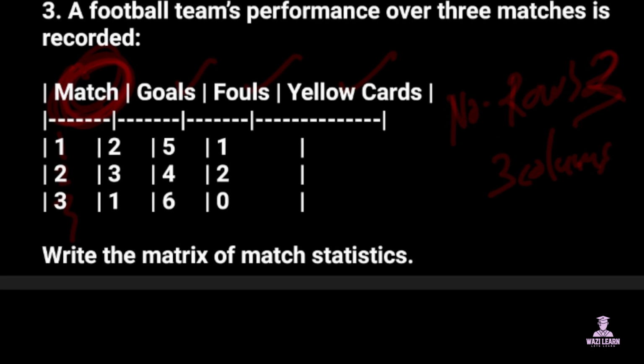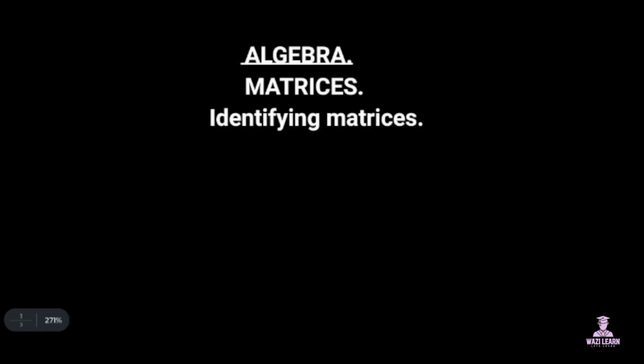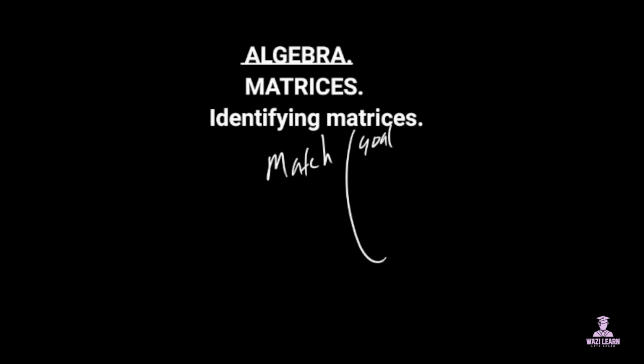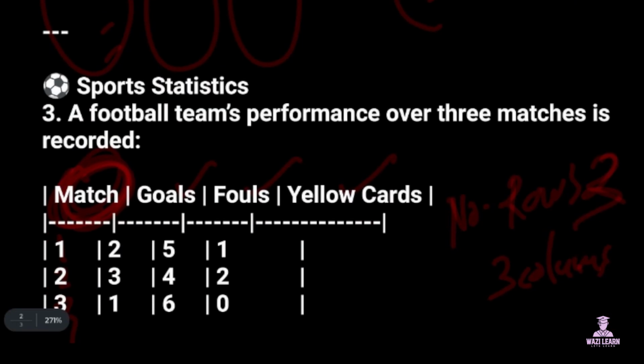So transferring this to the working area, we'll have match, and then goals, fouls, yellow cards. So match 1, match 2, match 3. Under goals we have 2, 3, 1.